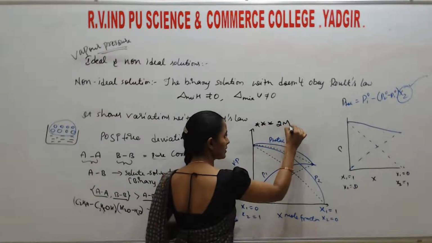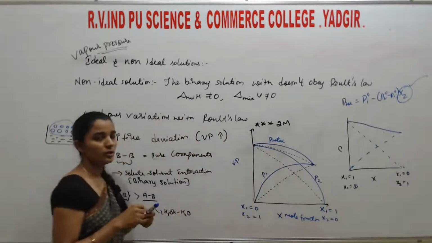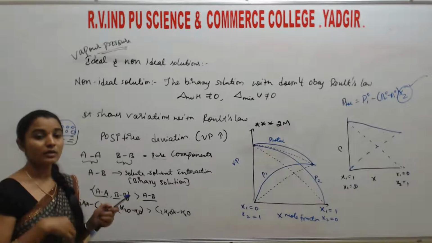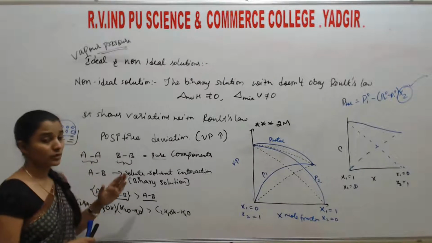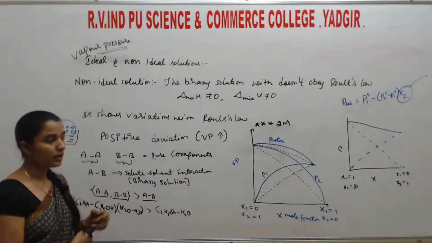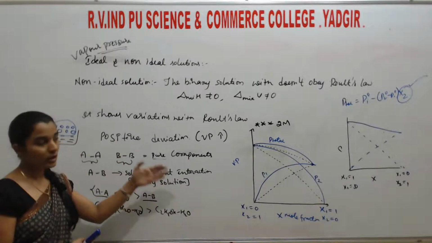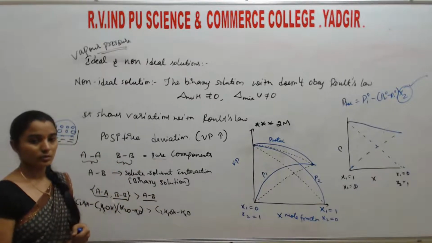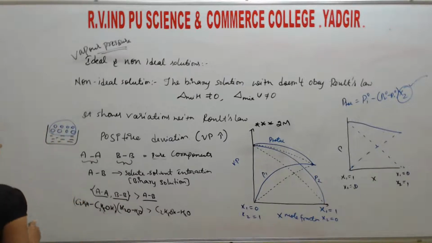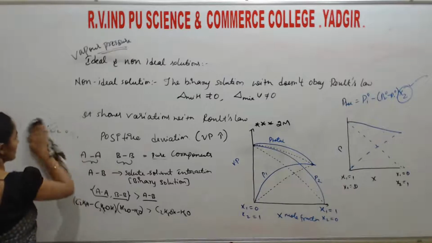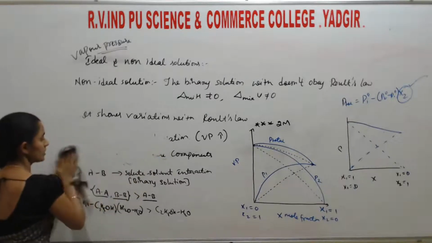They directly ask: write the graph for the positive deviation of Raoult's law, or write the deviations for Raoult's law, or write the graph for positive deviation and negative deviation of Raoult's law. Okay, this is positive deviation. Now we will discuss negative deviation.